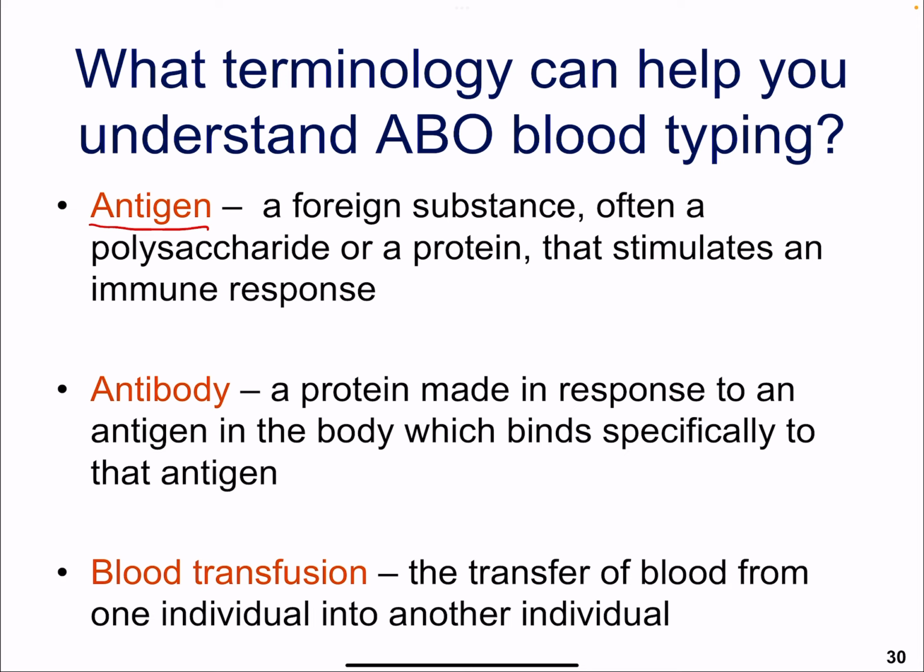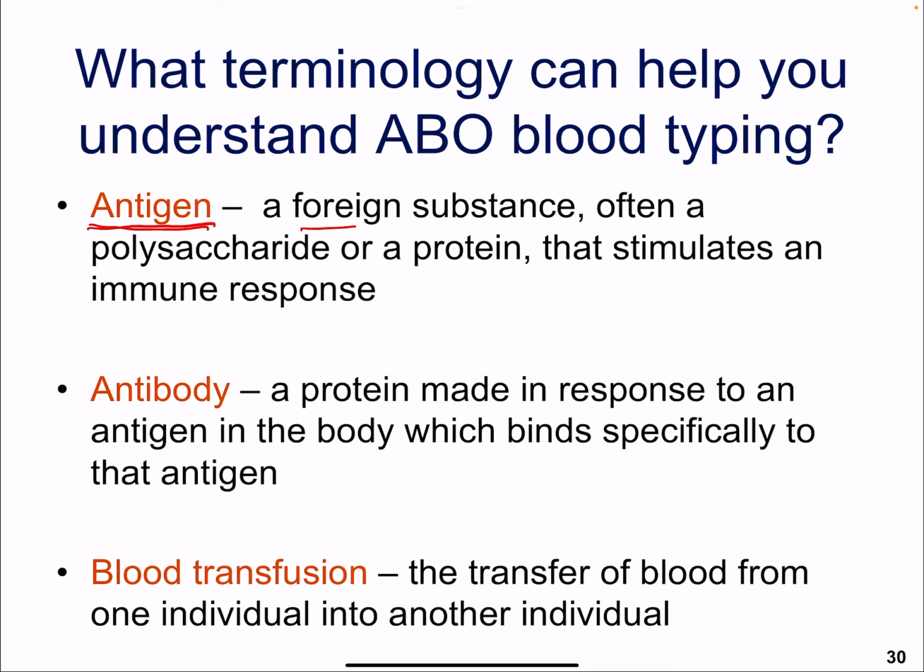Now, understand that the molecules on the surface of your red blood cells may not be the same molecules that are on the surface of your friend's, your brother's or your sister's red blood cells, right? So these molecules are called antigens. What are antigens?